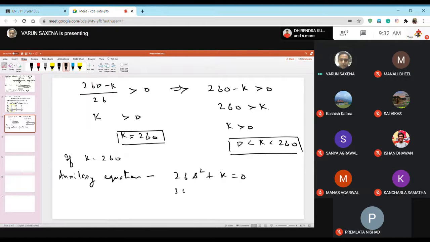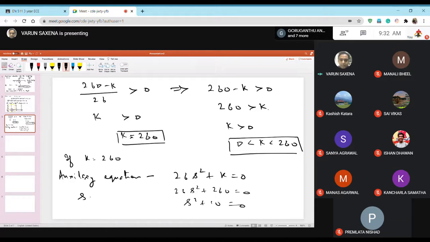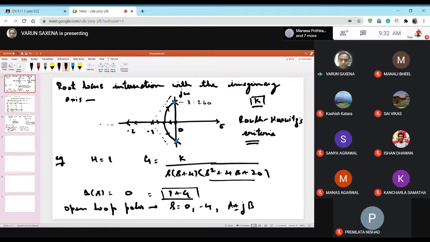So this is s squared plus 260 equals 0, which is s squared plus 10 equal to 0. So s is equal to plus minus j root 10. That means this corresponds to point j root 10, and this corresponds to point minus j root 10. That is how you find these values.